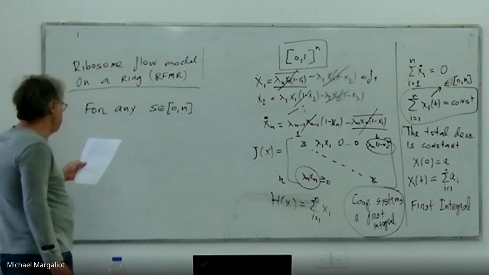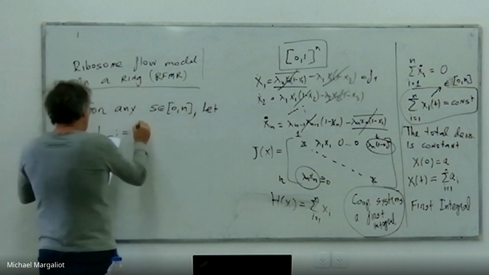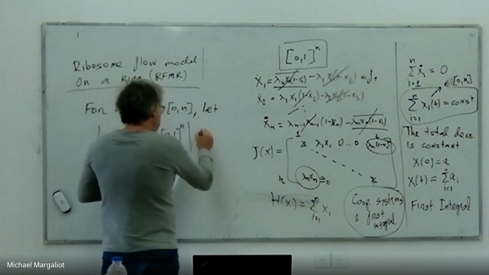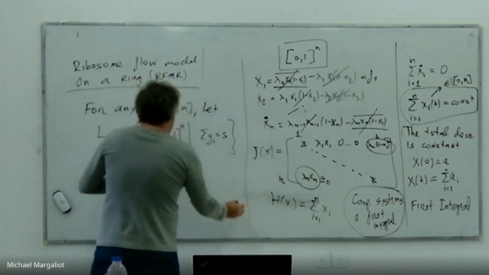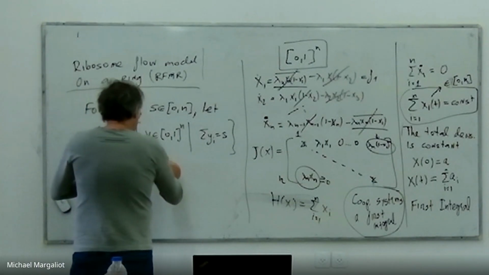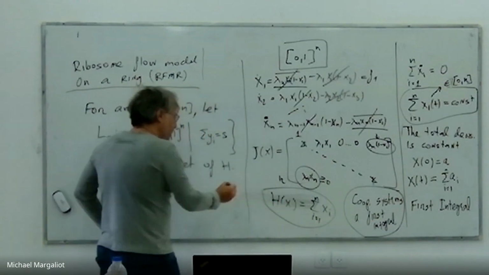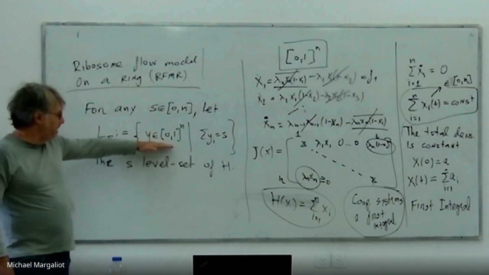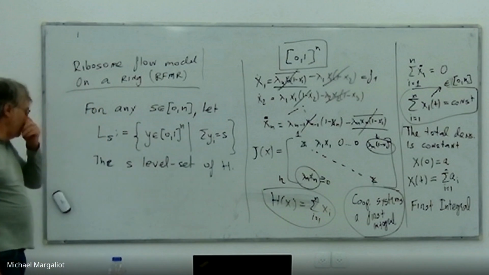For any s in [0,n], let us define the following quantity: all the vectors y in the unit cube such that the sum of y_i is equal to s. We call this the s level set of H. H is our first integral.